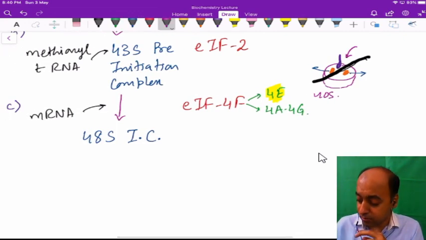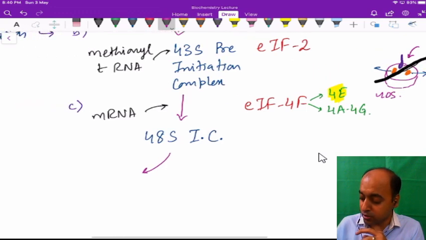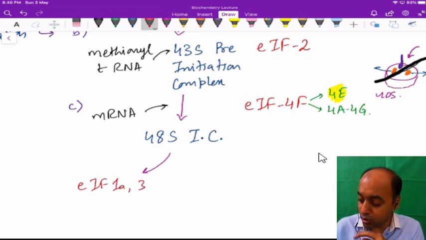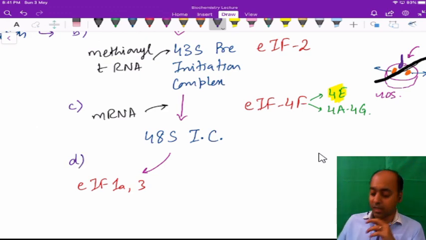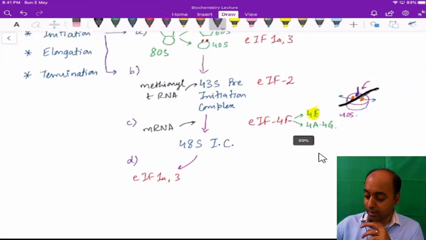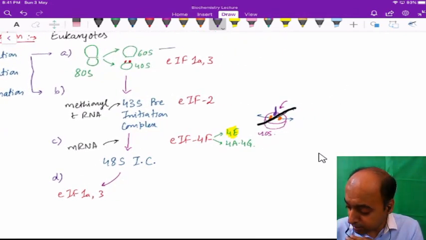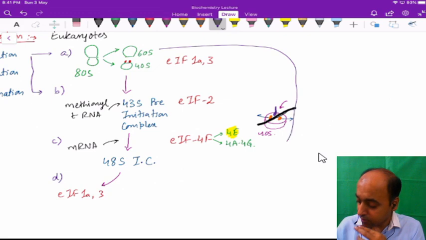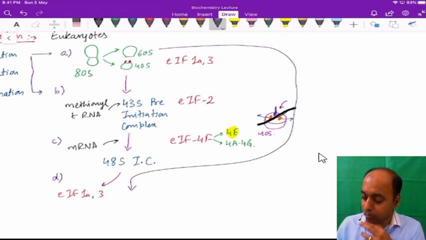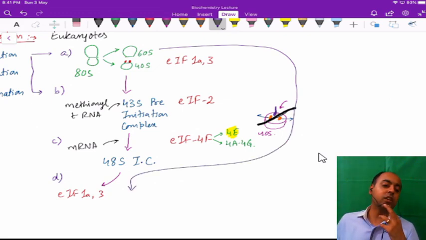So what happens? As soon as the 48S initiation complex is formed, the initiation factor 1A and 3 are thrown out, and now there is nothing to stop the 60S from rejoining with the 40S.